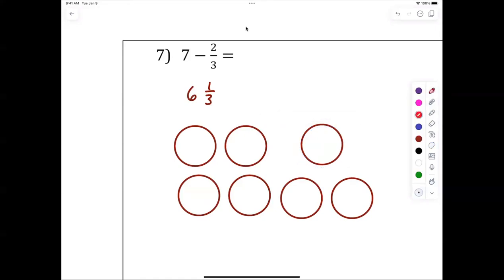Here's a pizza. I'm kind of hungry, so I came in and ate this slice and this slice. What's left? 1/3. How many whole pizzas are left? 6. So it's 6 and 1/3.